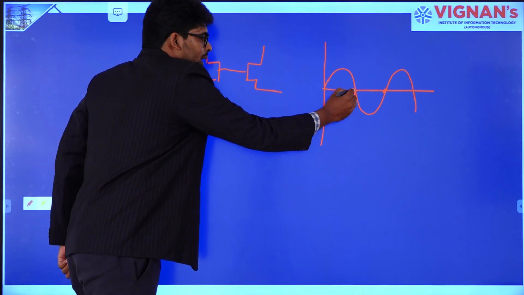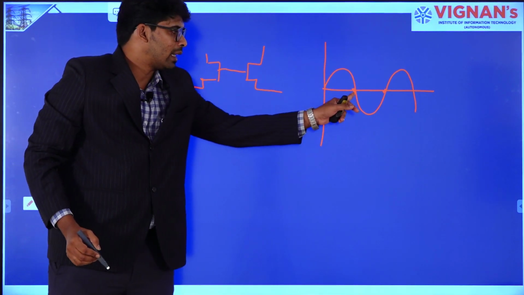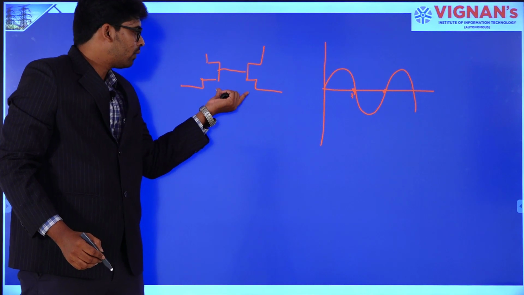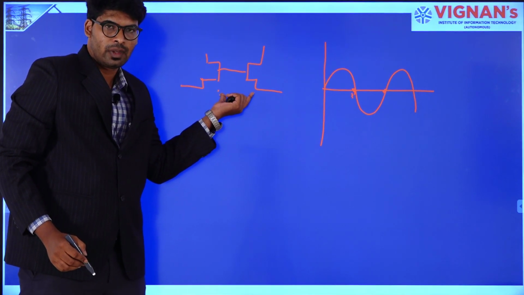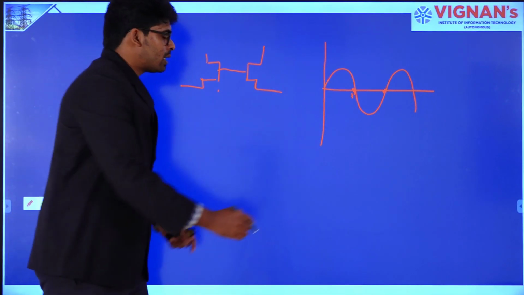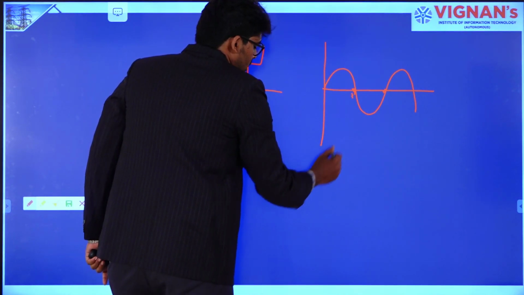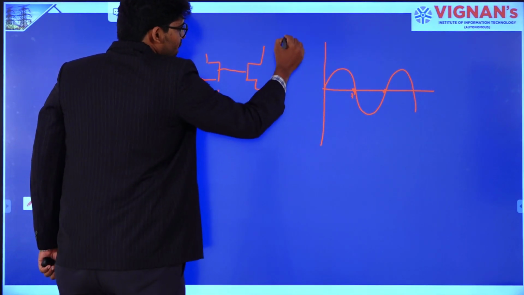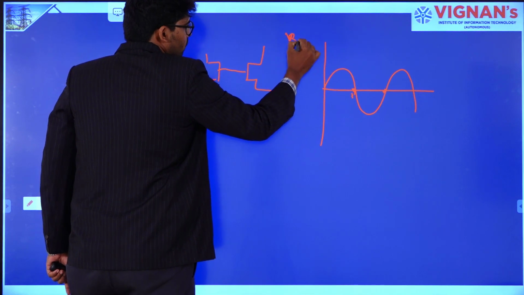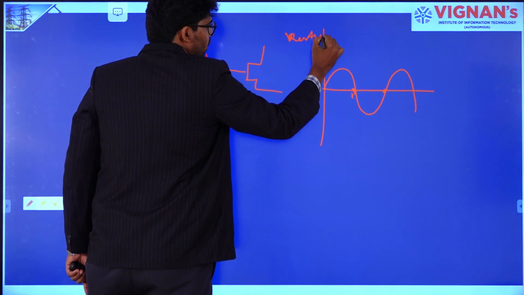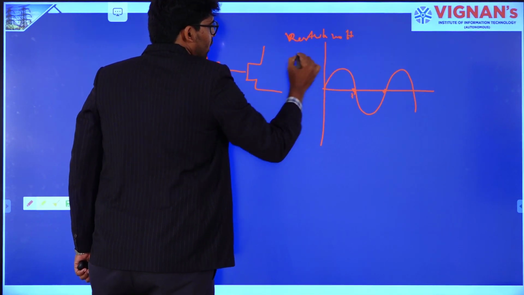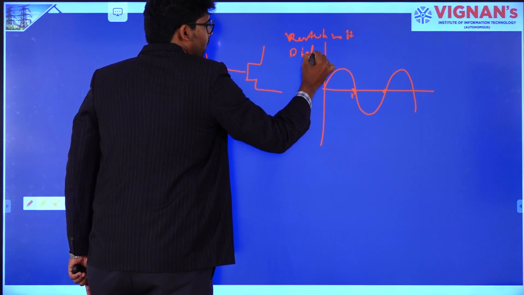At this point, the dielectric strength of the contacts will be high compared to the restriking voltage. Compared to restriking voltage, the dielectric strength should be high.